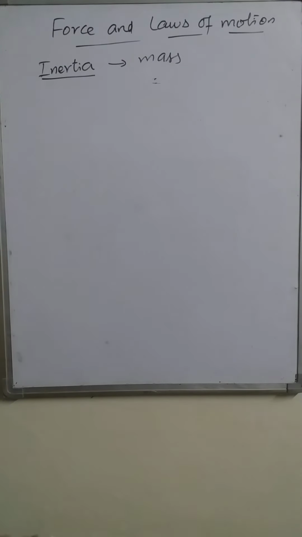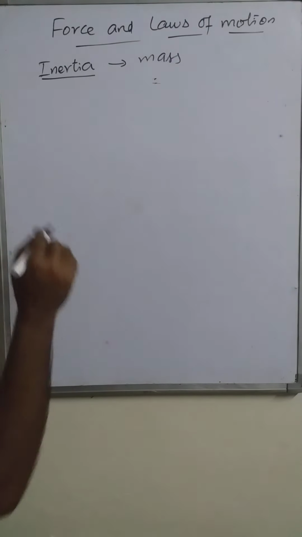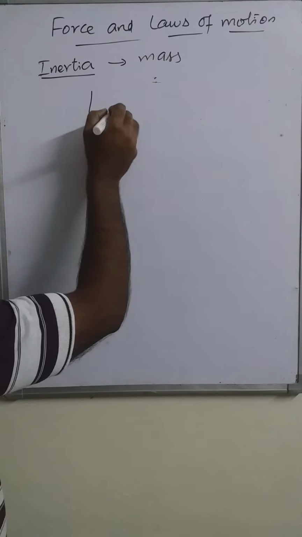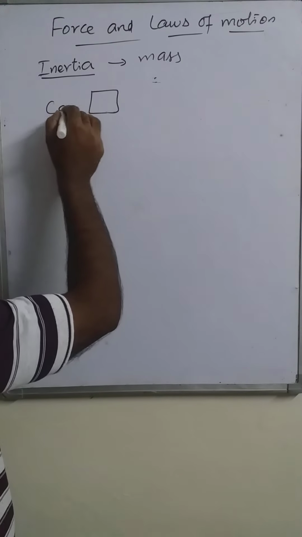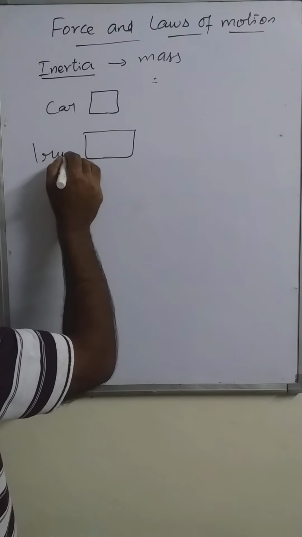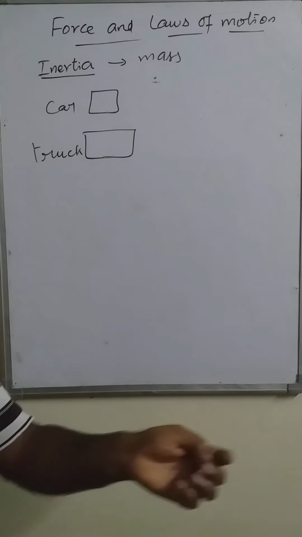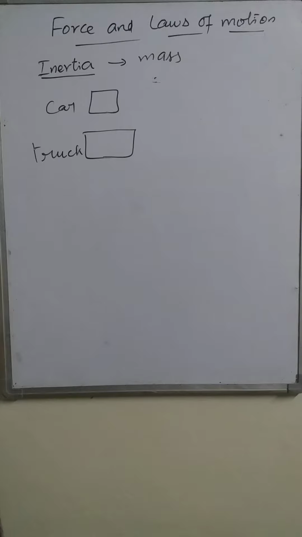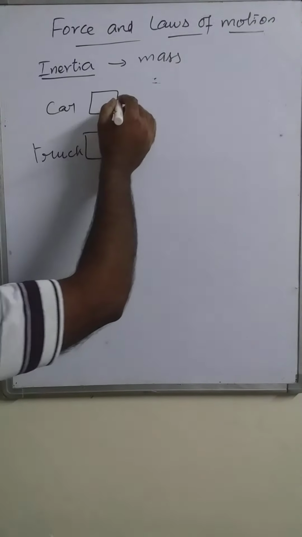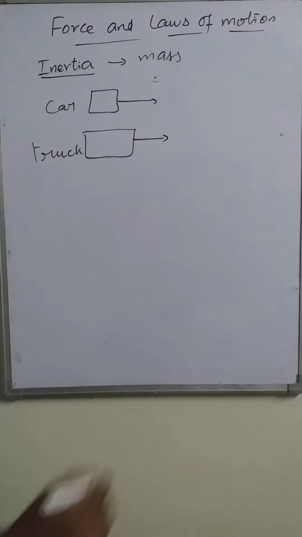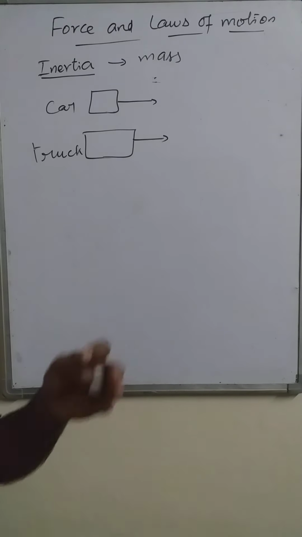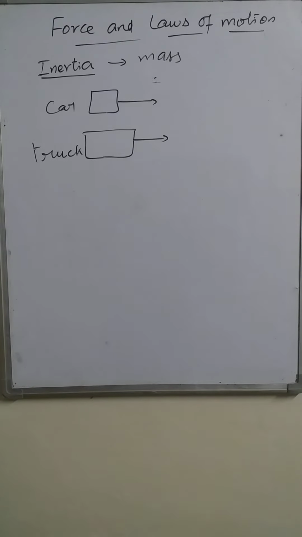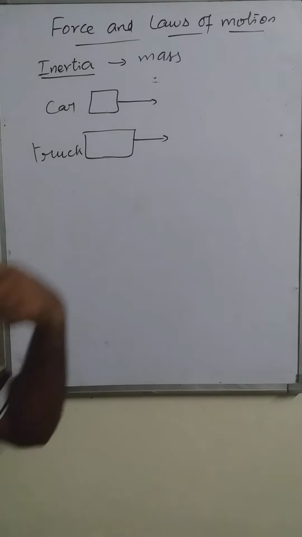If we take the example of two things, one is a car, second one is a truck. In the beginning, these two things are at rest. If we want to move the car and the truck with the same speed, force is to be applied.